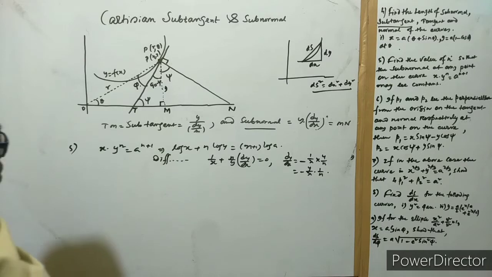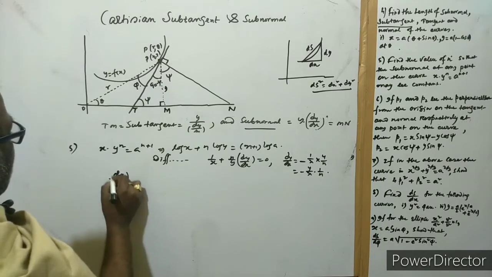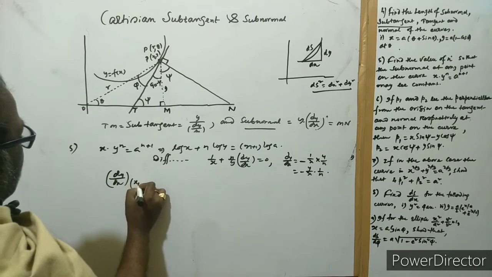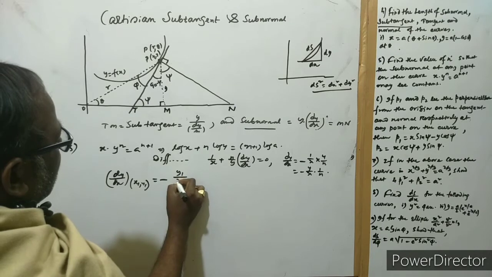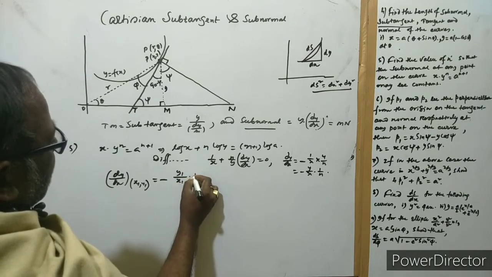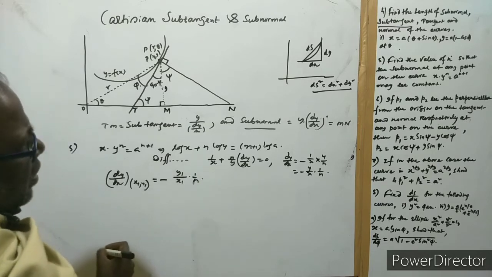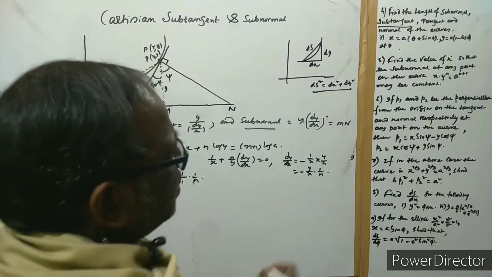Now dy by dx at x1, y1 is equal to minus y1 by x1 into 1 by n, and we have to find the subnormal.